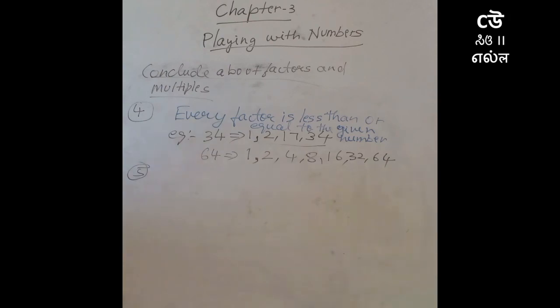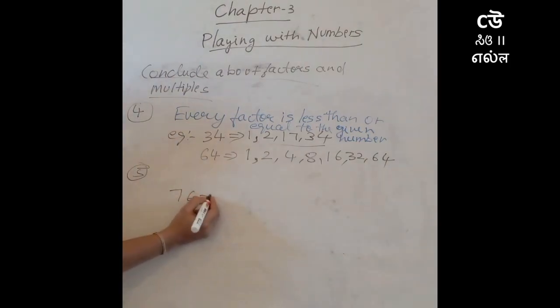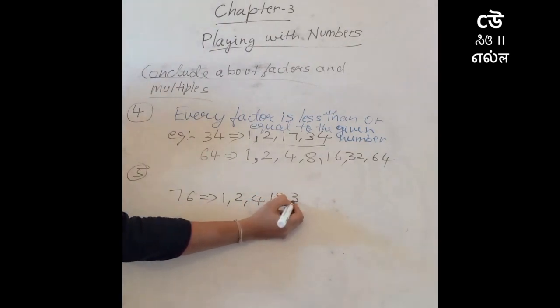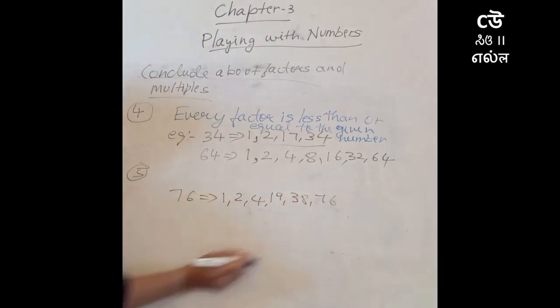How many factors does 76 have, children? The factors of 76 are 1, 2, 4, 19, 38, 76.